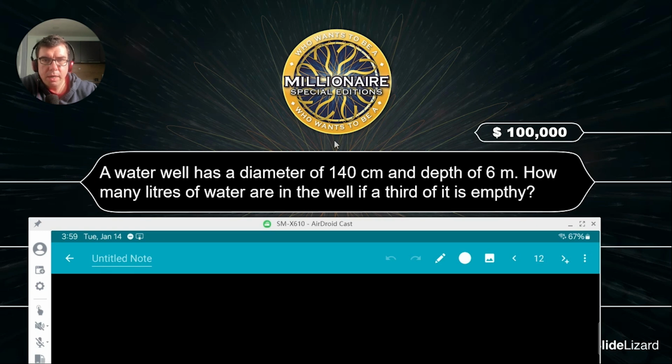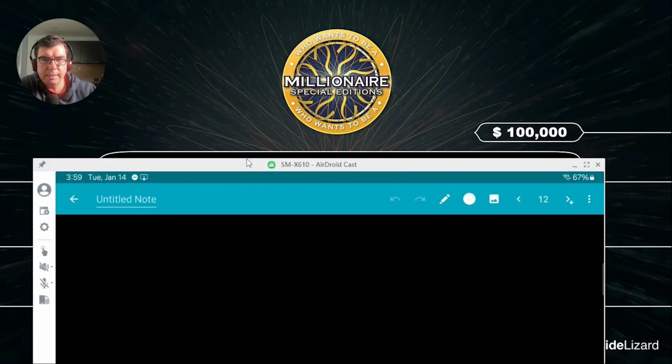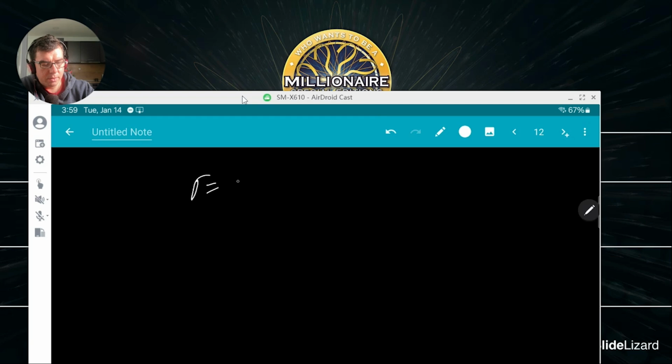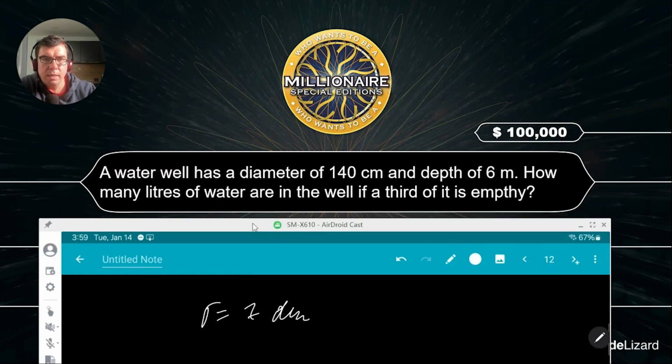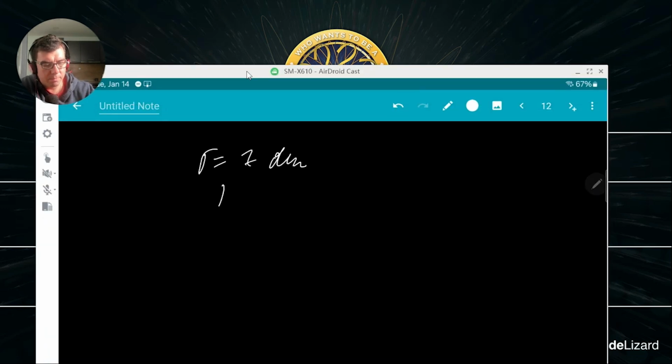So let's convert everything into decimeters. So the diameter is 14 decimeters. That means the radius is 7 decimeters. And the depth or the height of this well, depends how you look at it, is 60 decimeters.